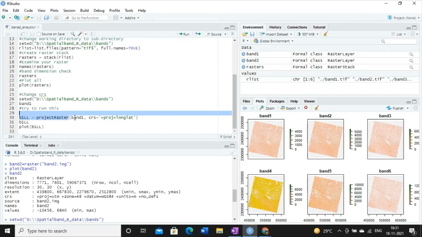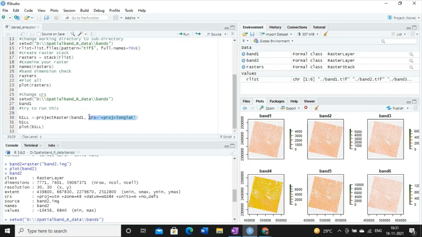Whenever you are using the projectRaster function, you have to keep in mind that you should have the raster package installed. First, as an argument, you have to specify the band that you want to convert. Here I am using band 1, but you can use any band that you want to convert. What is the meaning of the second argument? This second argument of the function specifies the coordinate reference system, that is the CRS, that it needs to be changed to.